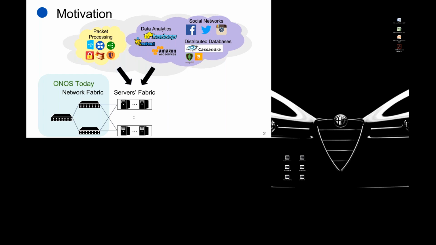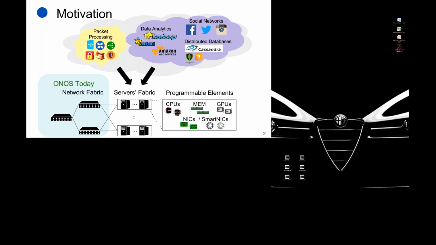So in this context, the packet processing pipelines and the overlay applications need to exploit additional programmability that is provided by the servers. And some important programmable components in commodity servers are CPUs, memories, graphical processing units, network interface cards, and very recently we have seen also the trend of smart NICs with additional programmability.